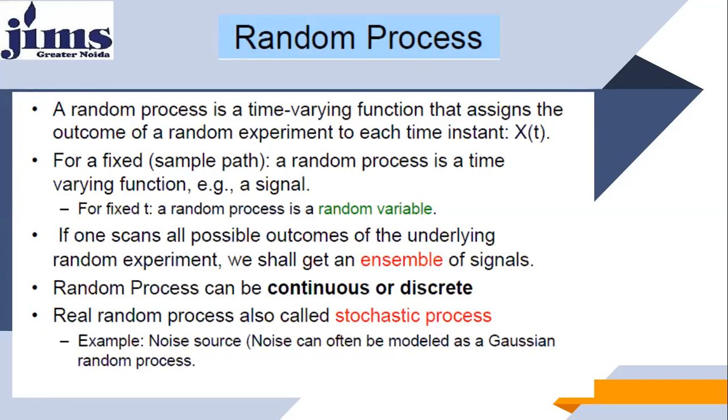That's why the random process is always designated as x(t), where t is the time. So when a random variable varies with respect to time, that random variable becomes a random process.